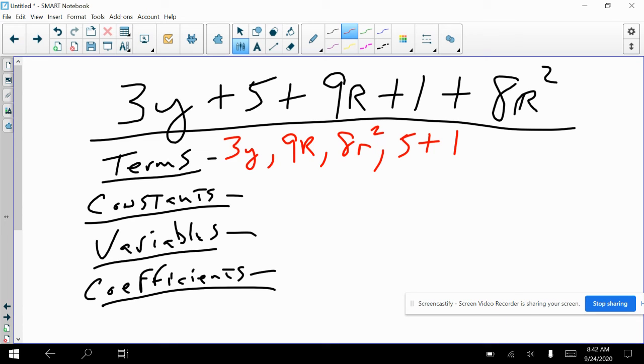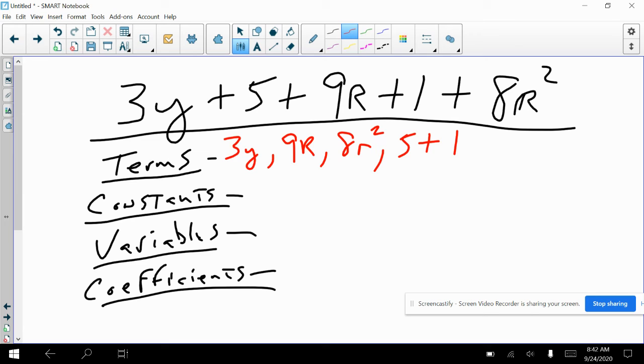The only way that you would not have a term is if you would have 3y plus 3y plus 5. Is 3y and 3y the same piece of fruit? Yes, it is. So that only counts as one term. Does that make sense? Okay. Maybe I'll put one up after this.